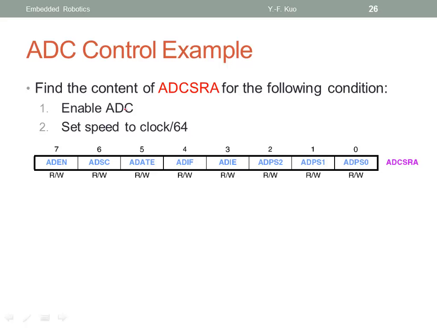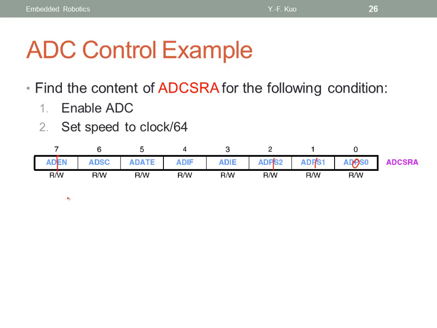To enable the ADC, you have to write 1 in bit 7. In order to set the speed to clock divided by 64, we write 1, 1, 0 here. So how do you write the program? How do you write the C code?